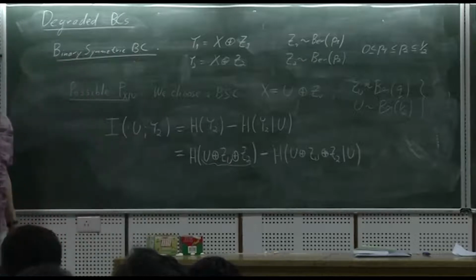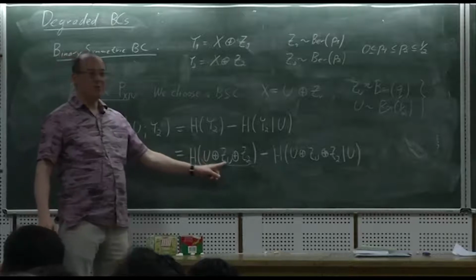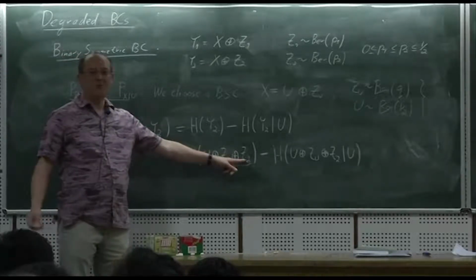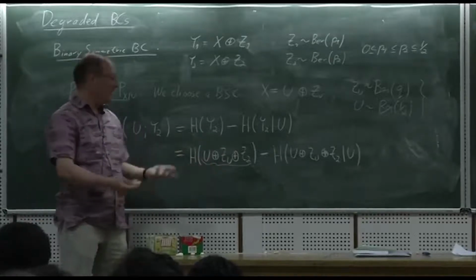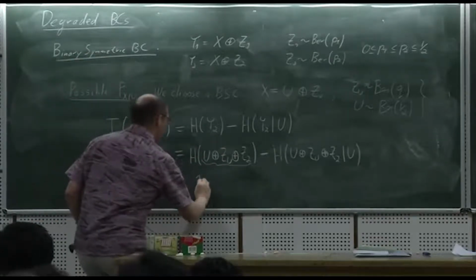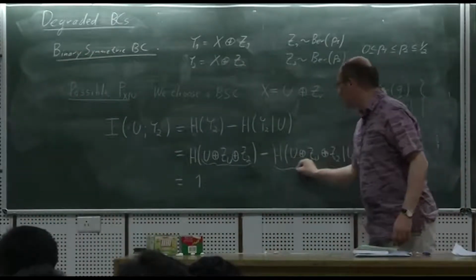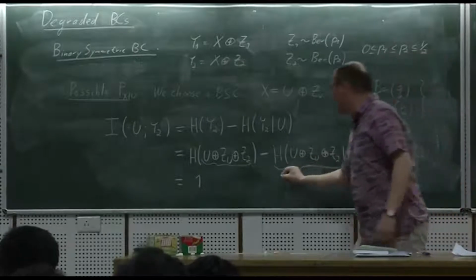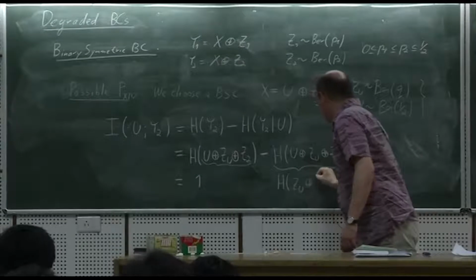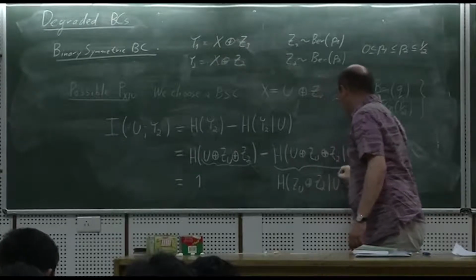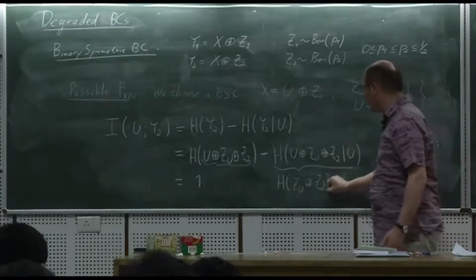Okay, this is our binary random variable. What's its distribution? This is Bernoulli half, this is Bernoulli q, this is Bernoulli p2, so this is half, because the half makes everything uniform. So this is just 1. What about this one? Here, the first thing we notice is that because we have the condition, we can XOR it out. This is H of ZU XOR Z2 given U, but these two are independent of U, so this is the same thing as if I just had this.